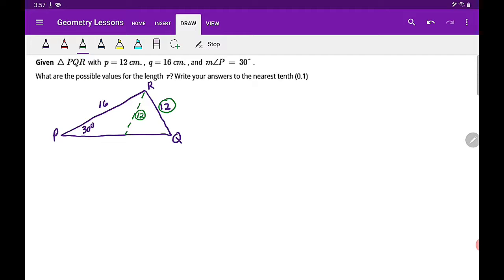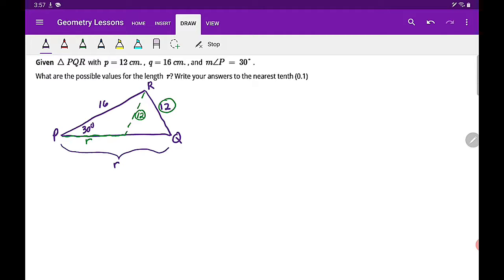Therefore, our r can be this r right here, the short version, or we can have the long version of r, that r. That's what we're going to be finding.